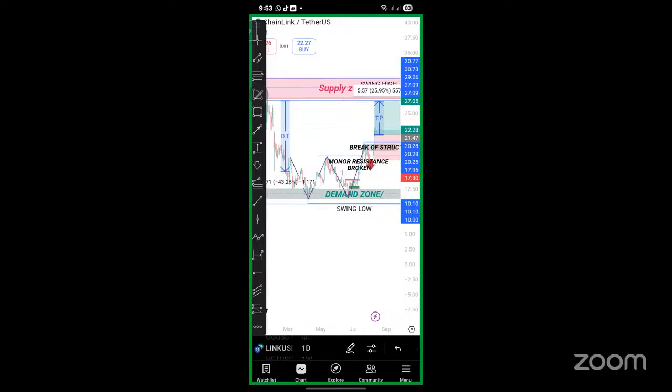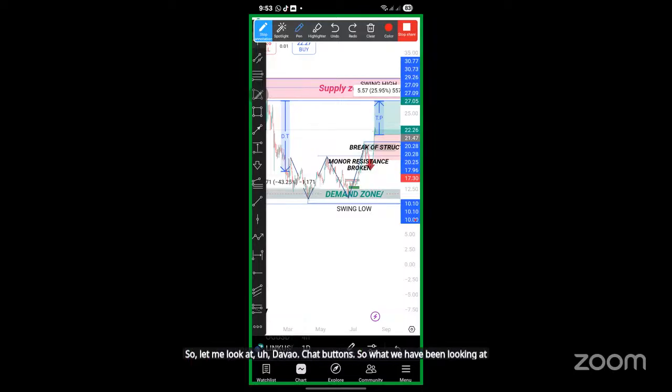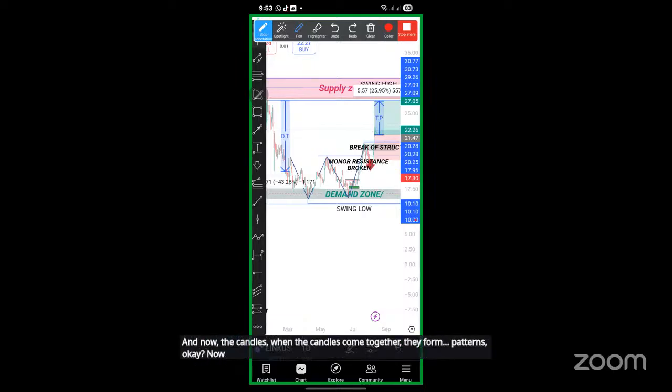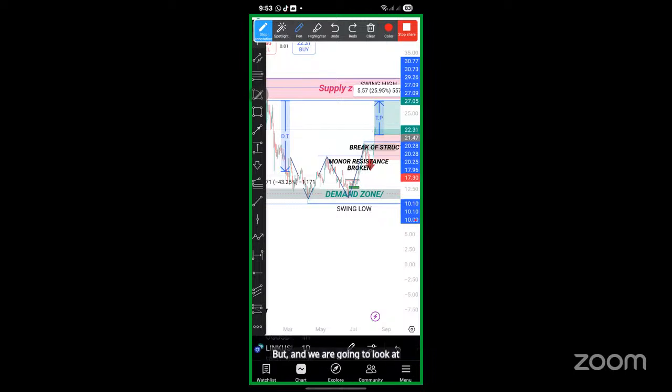What we have been looking at are the candlestick patterns, and when candles come together, they form patterns. Now we're looking at the chart patterns. The first chart pattern we are going to look at is the double bottom.